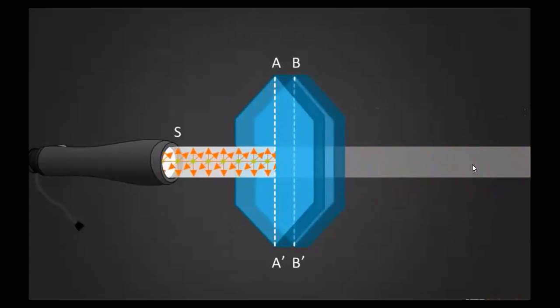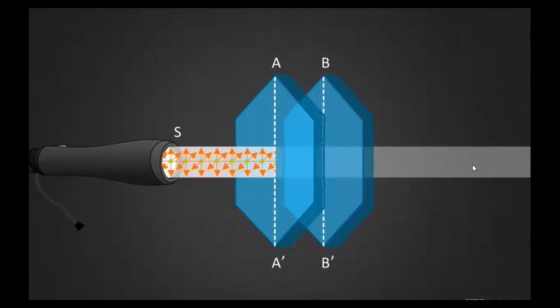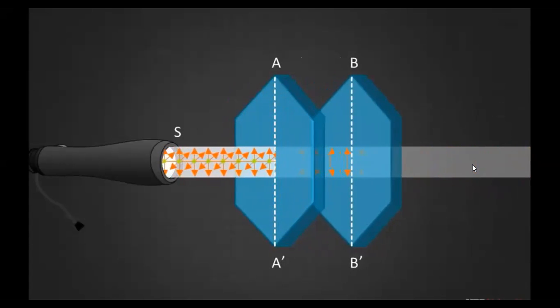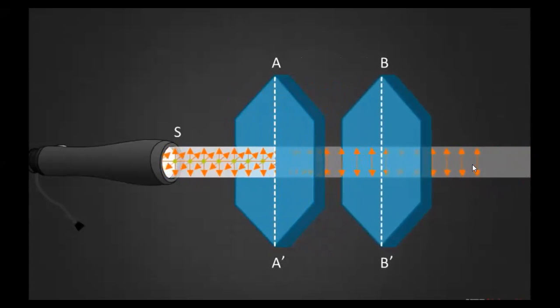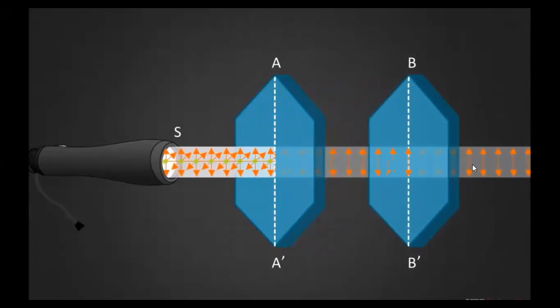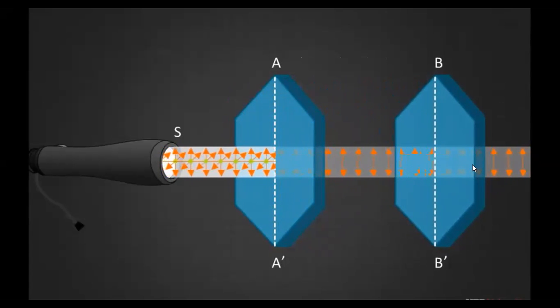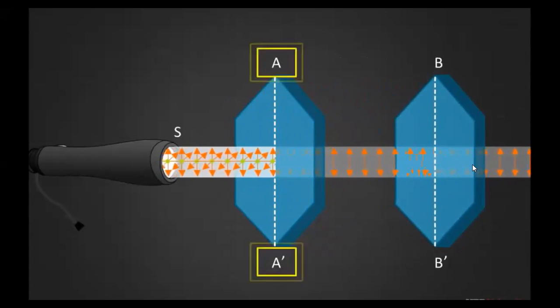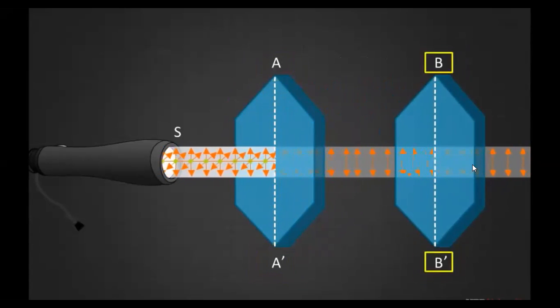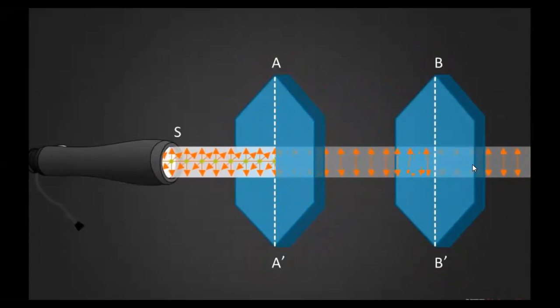Take another tourmaline crystal B, having crystallographic axis BB' and place it in the path of the emergent light beam from the crystal A, so that their crystallographic axes AA' and BB' are parallel to each other. The emergent beam from the crystal A passes through the crystal B, and is still colored.